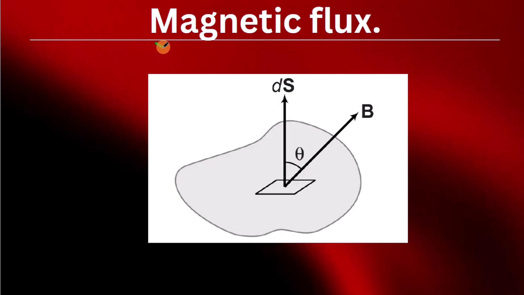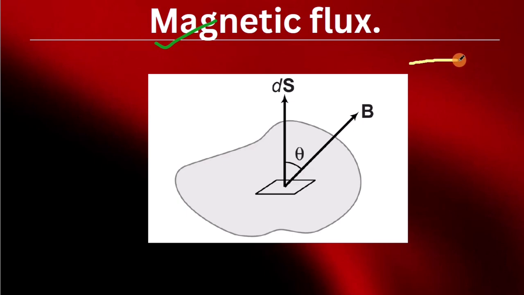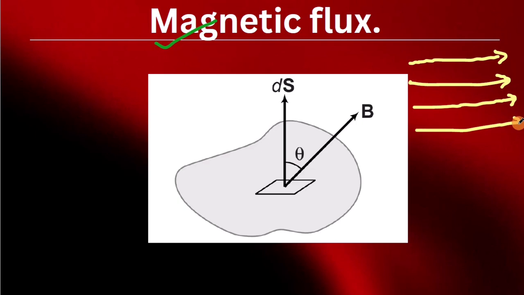Now we will study magnetic flux. What is a flux? So first draw some magnetic field lines. It's not so good, but I am trying to say what a flux is. These are a few field lines.